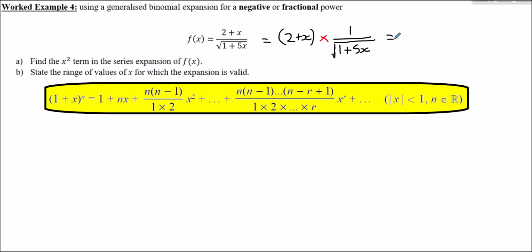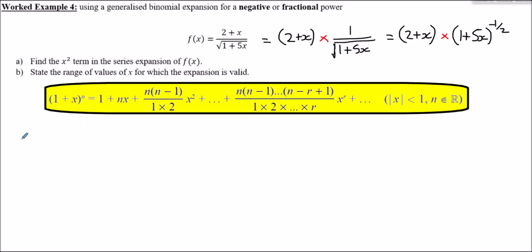So it's going to be 2 plus x times the reciprocal of the square root of 1 plus 5x. So it's not going to be the power of a half. Power half is when you're square rooting something. Because it's 1 over the square root, it's going to be 1 plus 5x to the power of minus a half, because it's a reciprocal of a square root.